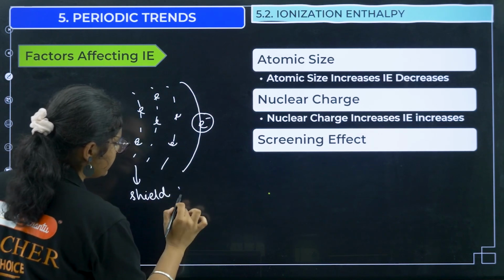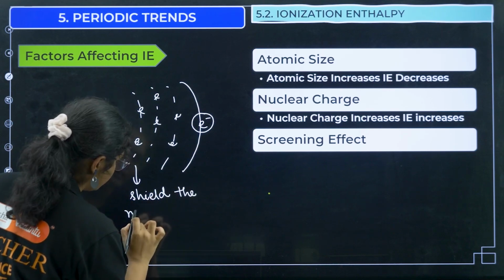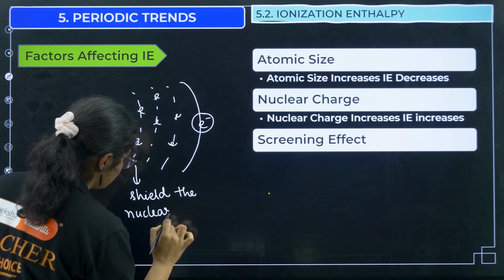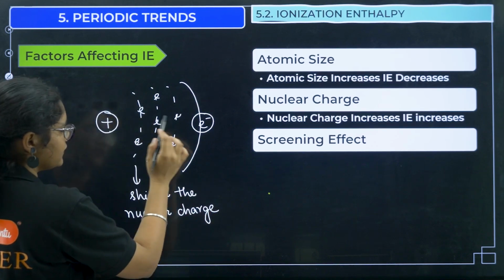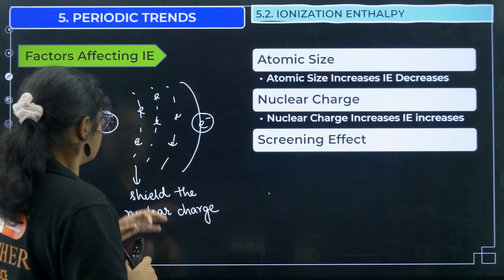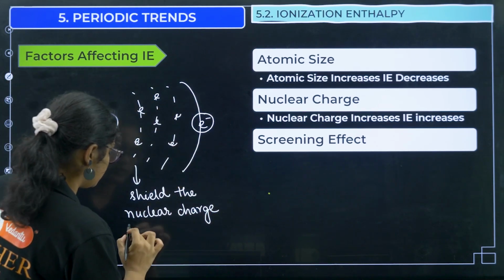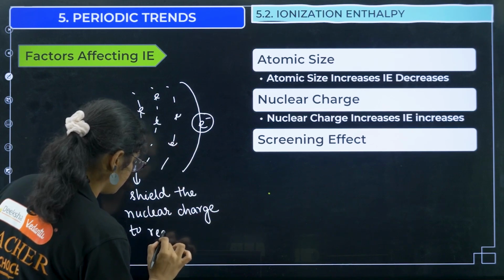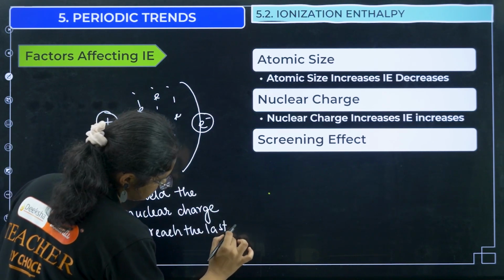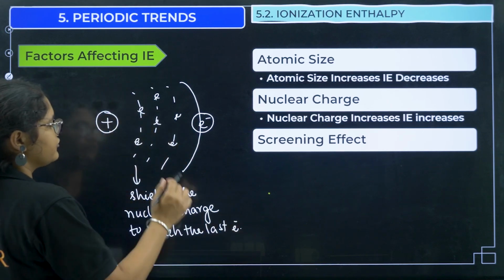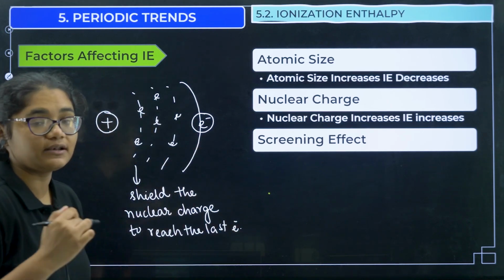They shield the nuclear charge from reaching the last electron.